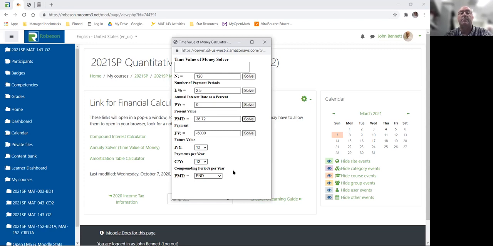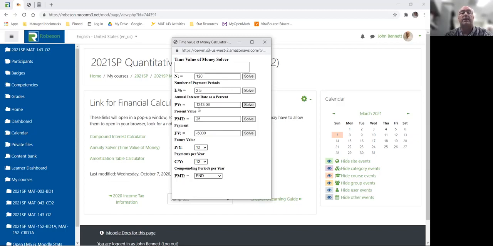To give you one last example, suppose that we could only actually deposit $25 a month, but we want to have $5,000 in the account at the end. I'm going to leave that $5,000 in there. I'm going to put $25 in here, and I'm going to click solve.